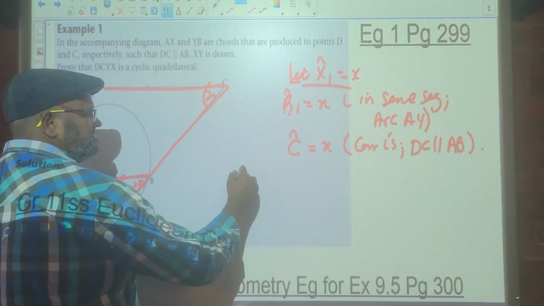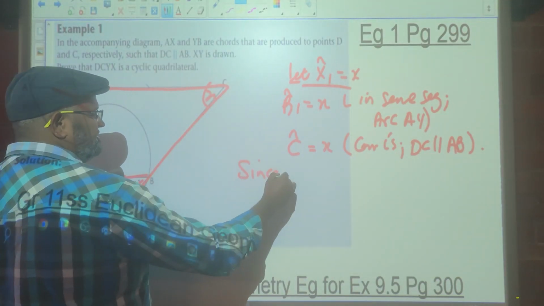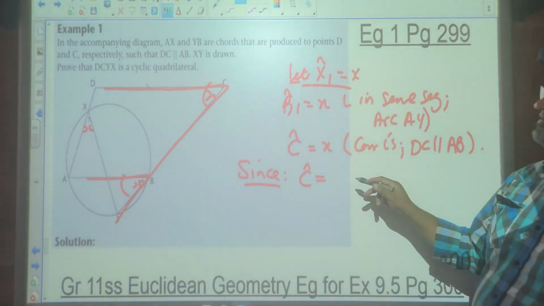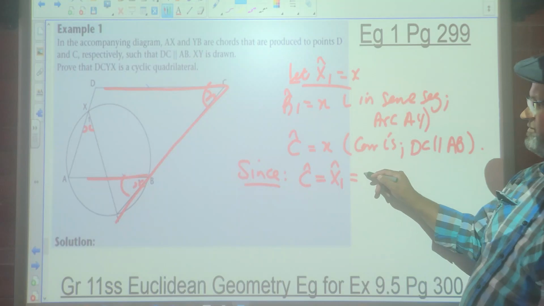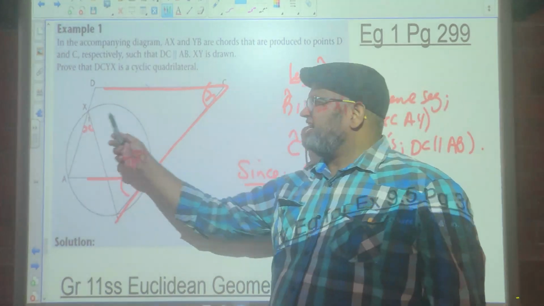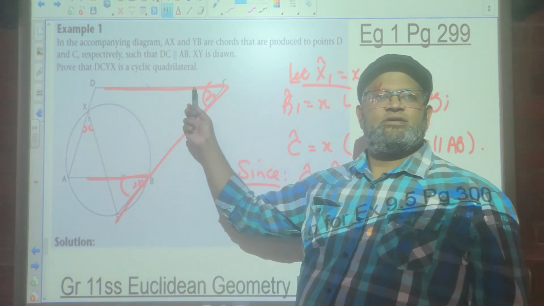We state the obvious. We say since angle C is equal to x1, which is equal to... since that is the case, can you see that?